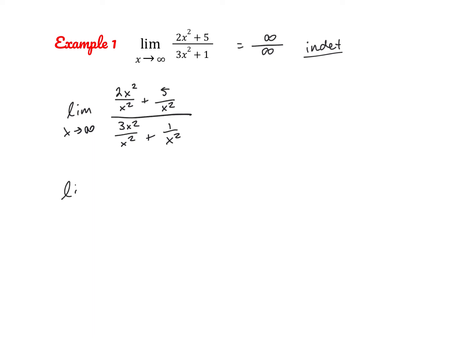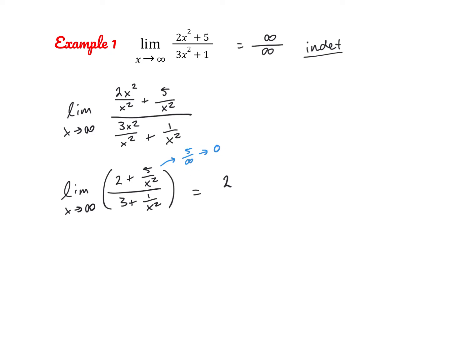Simplifying that gives us the limit as x approaches infinity of 2 plus 5 over x squared, over 3 plus 1 over x squared. From here, we're going to evaluate each individual part as x approaches infinity. The 2 just remains 2. We're essentially doing direct substitution here. But here we end up with 5 over infinity, which approaches 0 because we're dividing 5 by a really large number.